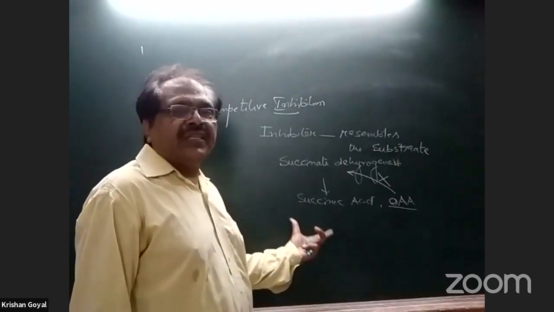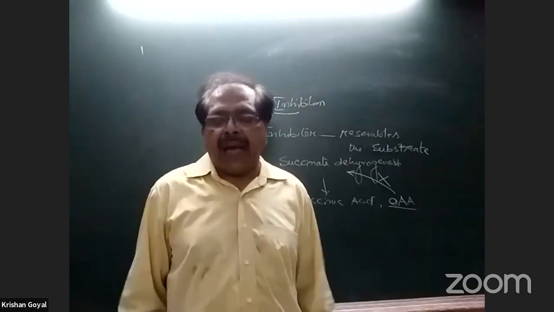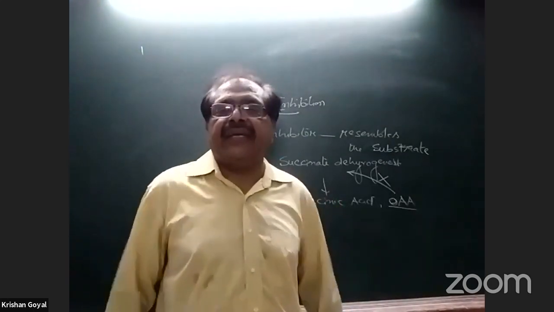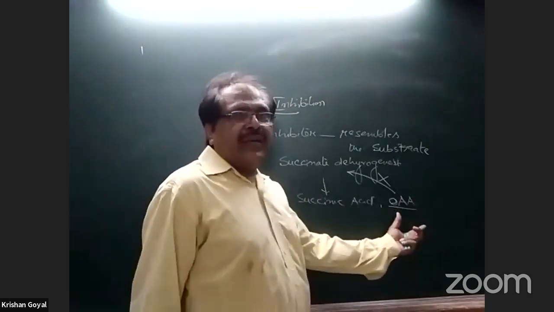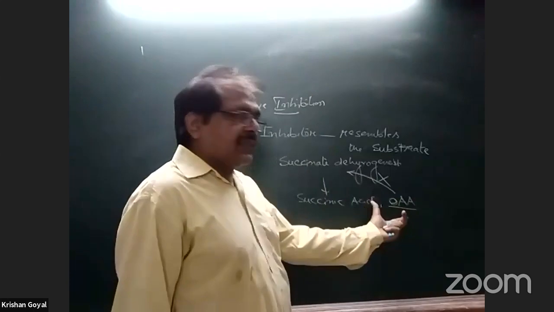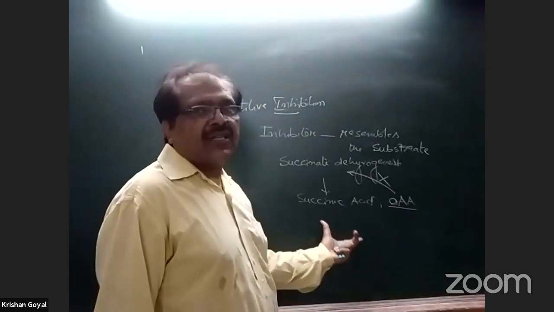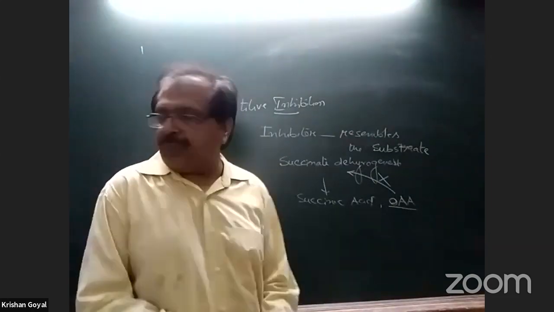So this is the example. Succinate dehydrogenase enzyme acts on succinic acid. This activity is blocked by oxaloacetic acid because it is a competitor. It resembles the succinic acid in its organic structure. I hope you have understood.